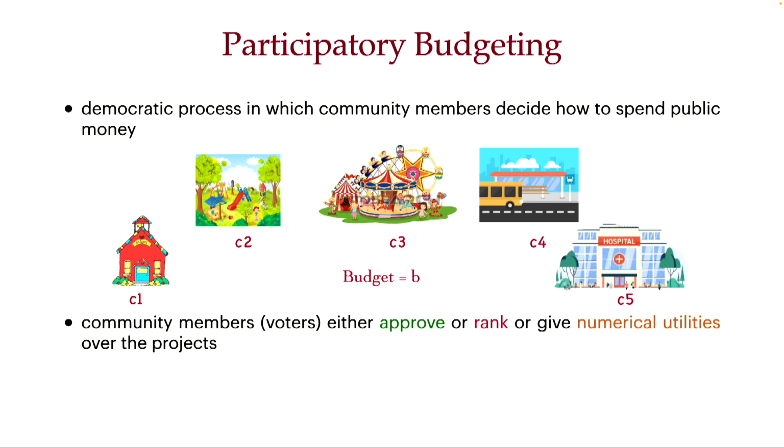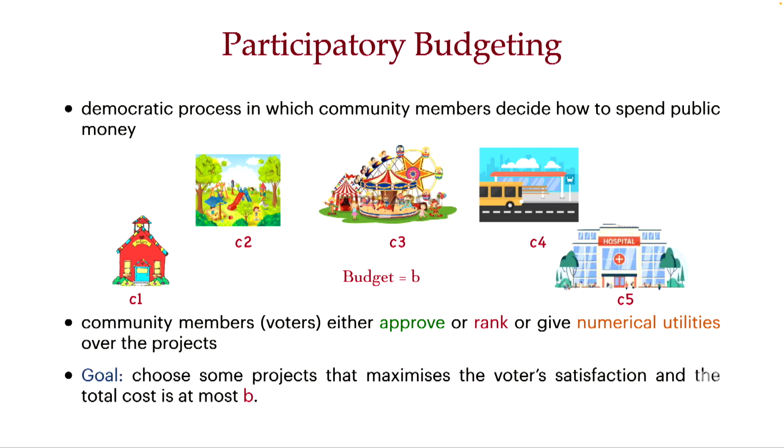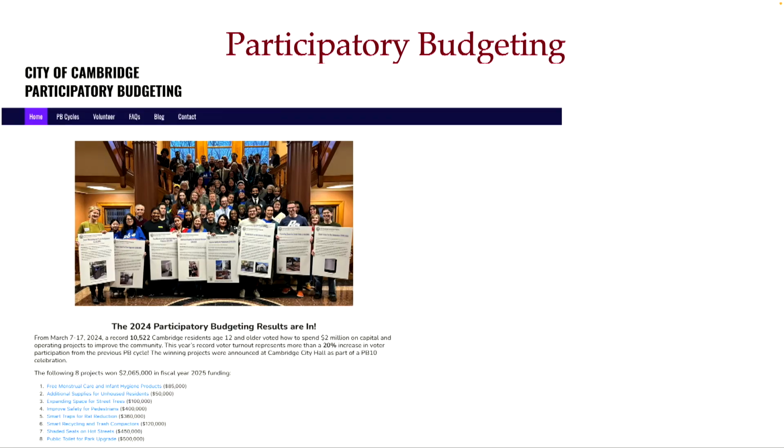Now the goal is to choose some projects that maximize the voter satisfaction, and the total cost is within our budget. So, this is not a completely artificial problem. This has been used. This is from the 2024 participatory budgeting results of Cambridge.